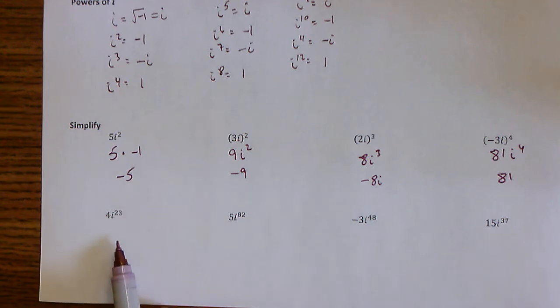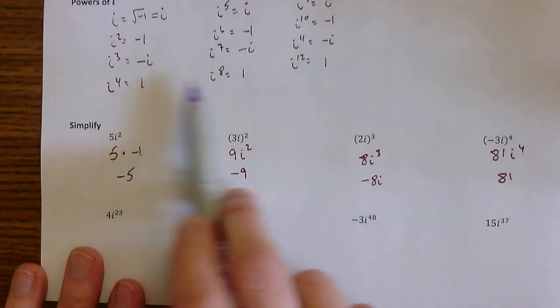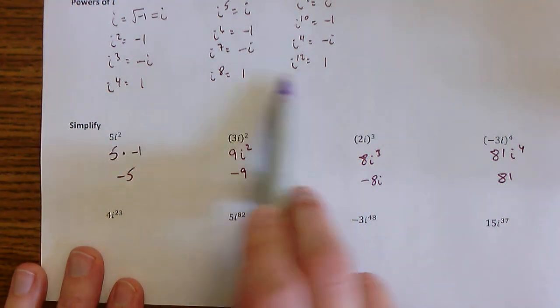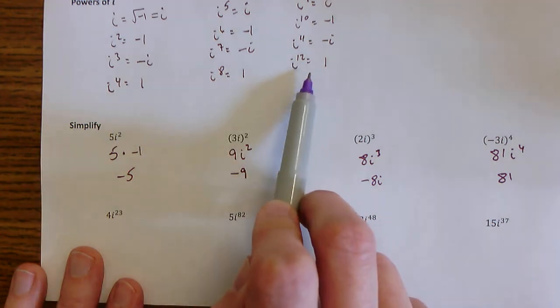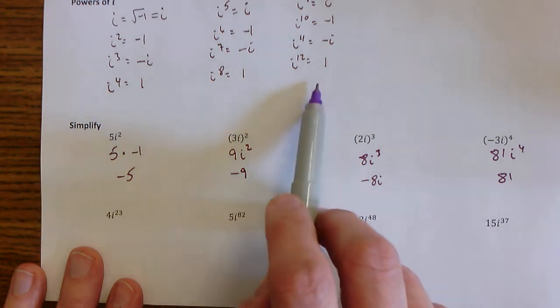All right, well then what about these guys? So now I'm jumping up here, and now I'm looking at 23. Great. Okay, so 23 is a much bigger number. I don't want to have to follow this pattern all the way up till 23. But here's a handy little thing. All of the multiples of 4 always end up being 1 in my cycle, right? So what I do is I use that as my staple marking point, okay?